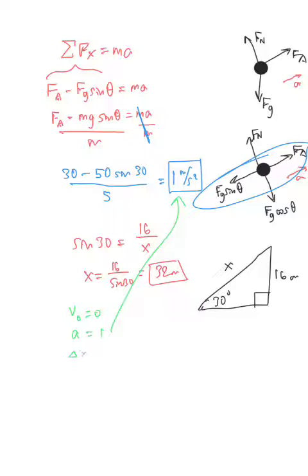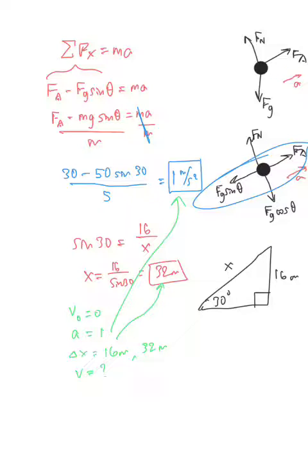The delta x, the distance the box moves, when it's halfway up the ramp, is going to be half of this distance, so 16 meters. But in the next part, we want to find the speed at the top, so we're just going to end up using the same formula twice, one time using 16 meters and one time using 32 meters, and you're trying to find the final speed.